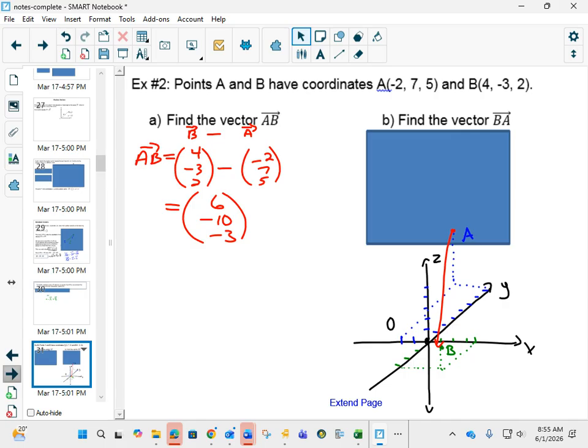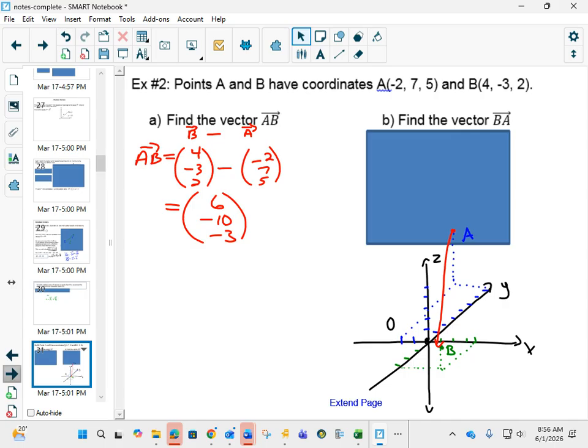The mathematics is a lot easier than actually drawing it out to see what's happening, which is, again, somewhat of the power of math, right?